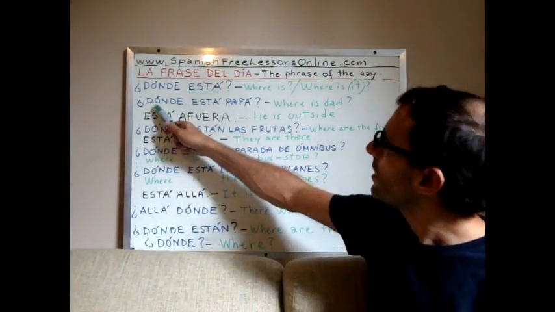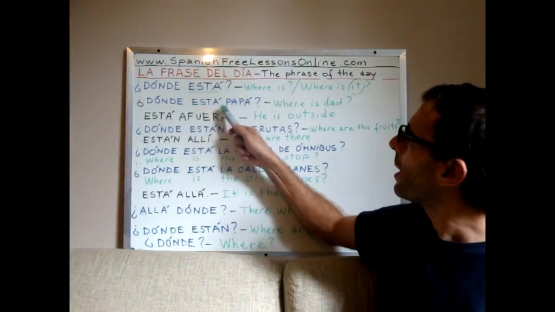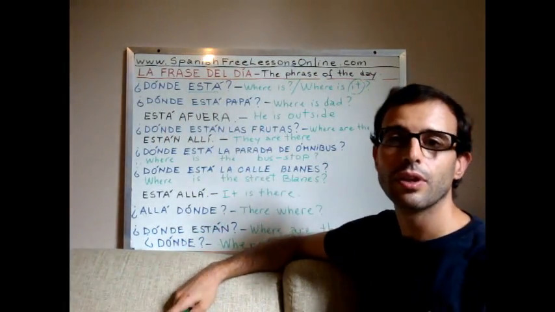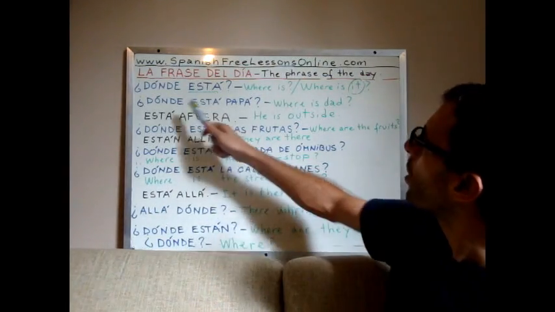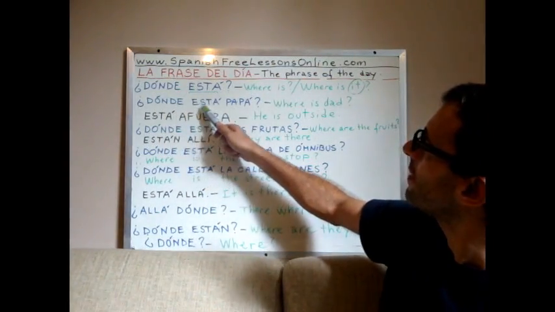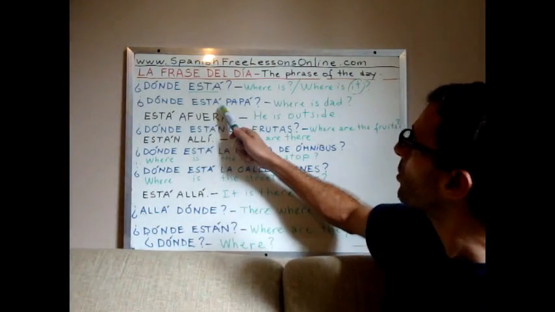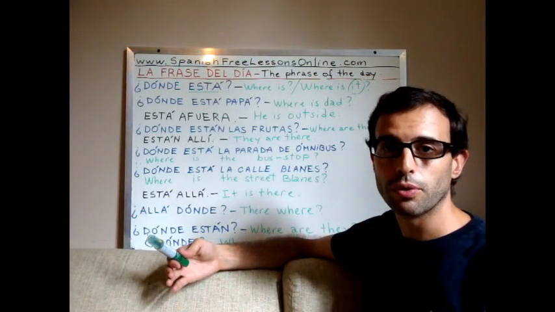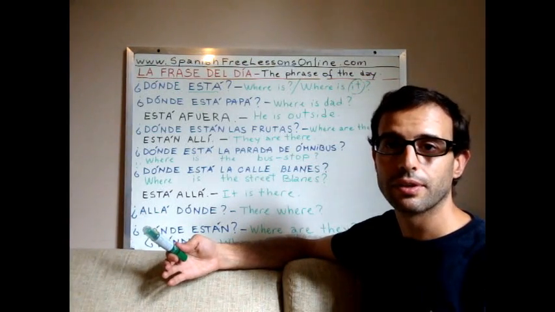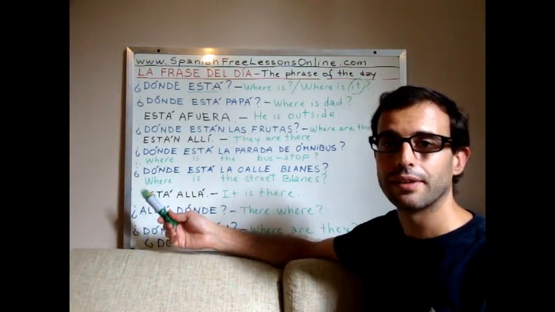So let's see this phrase. ¿Dónde está papá? This means, where is dad, right? The word papá means dad, the informal word for padre. Padre is father, papá is dad.